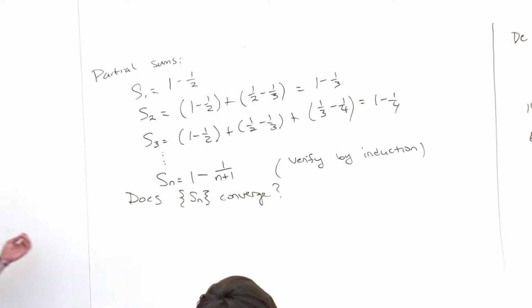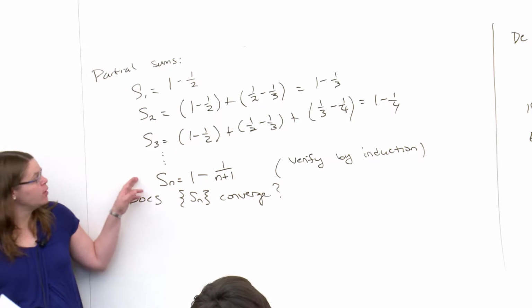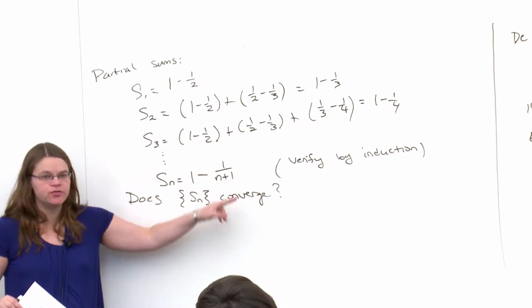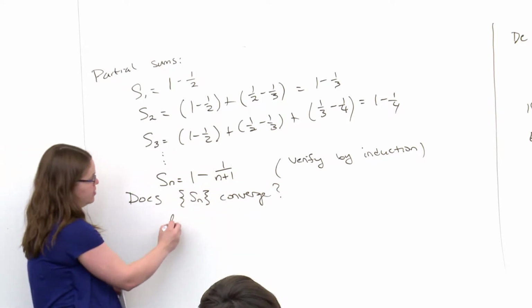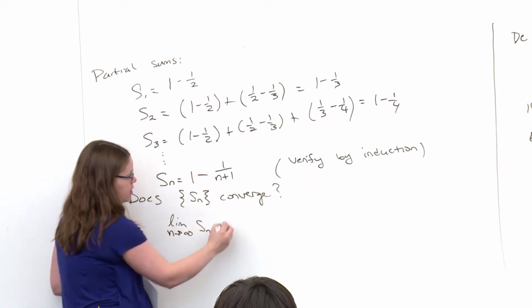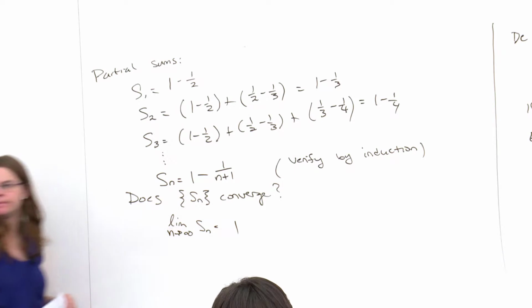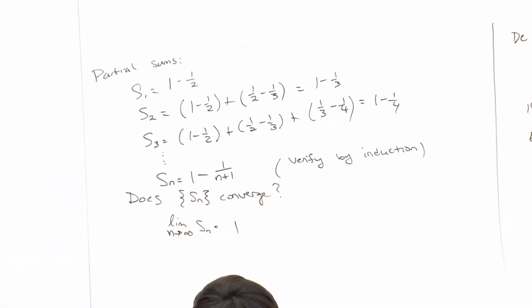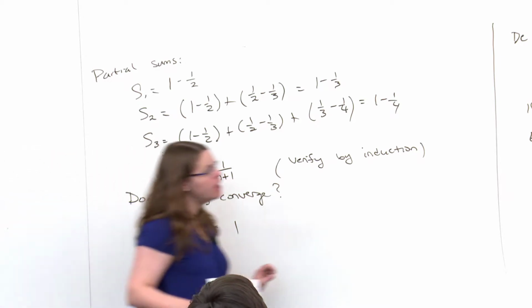Yeah, it does, right? There's no trick to this. So now we're looking at these terms as n goes to infinity. And what we have is that the limit as n goes to infinity of Sn is simply equal to 1. Right? So the partial sums converge to 1.